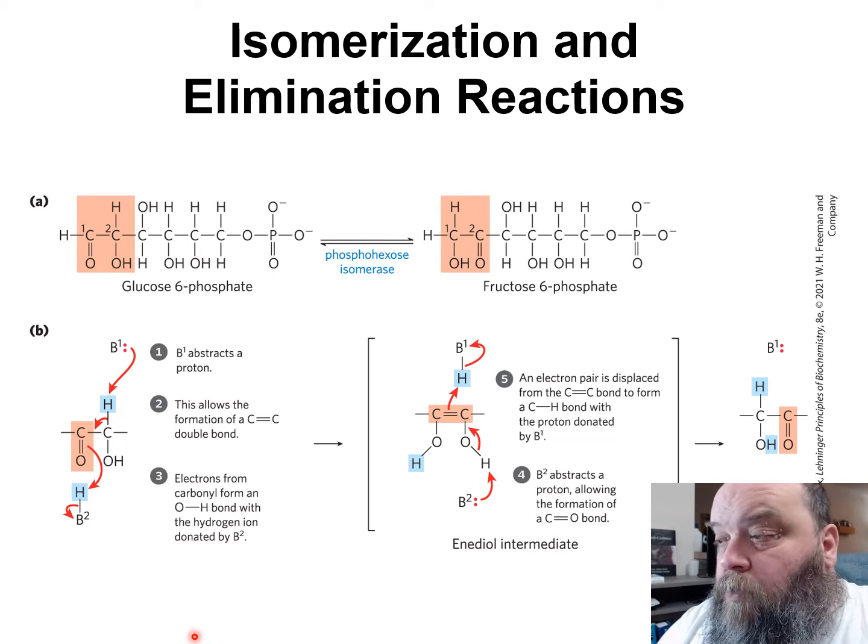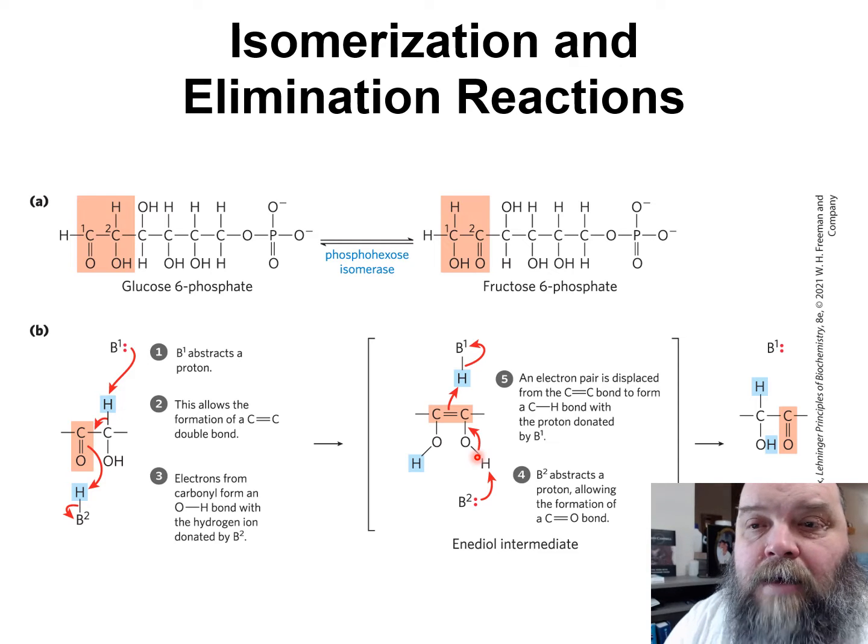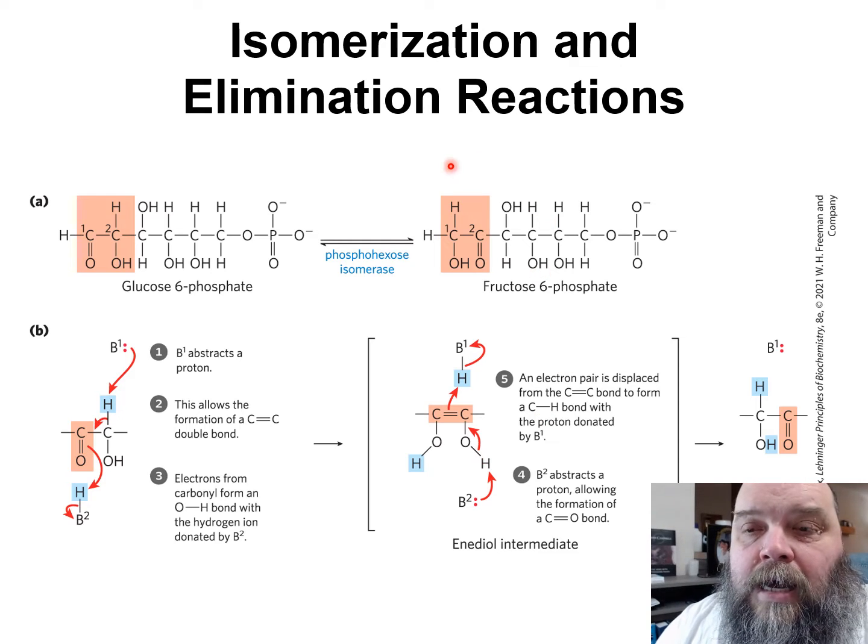The isomerization reactions, like I said, have a terminal carbonyl, carbon 1, carbonyl, carbon 2, hydroxyl. The second enzymatic step in glycolysis is taking glucose 6-phosphate and turning it into fructose 6-phosphate.